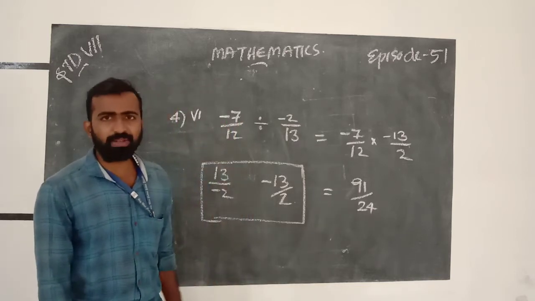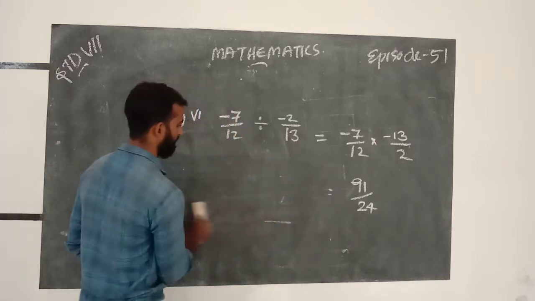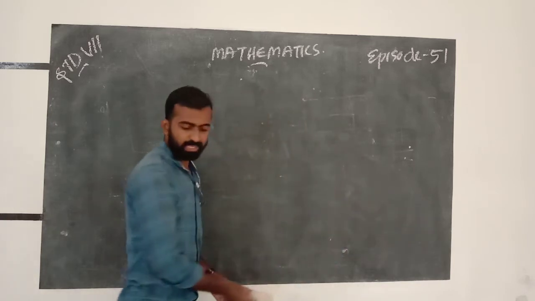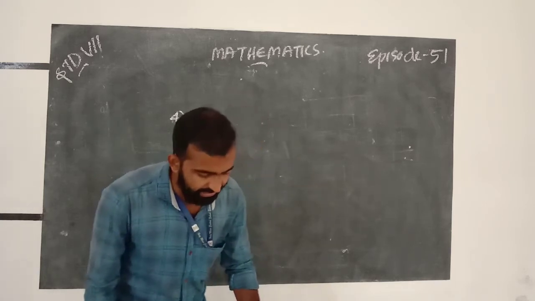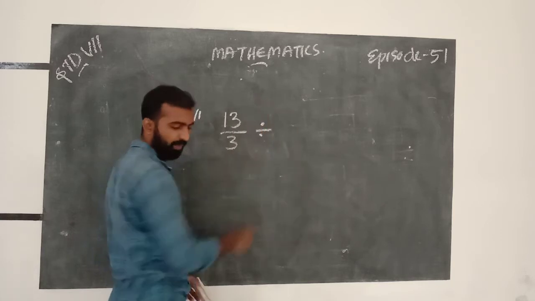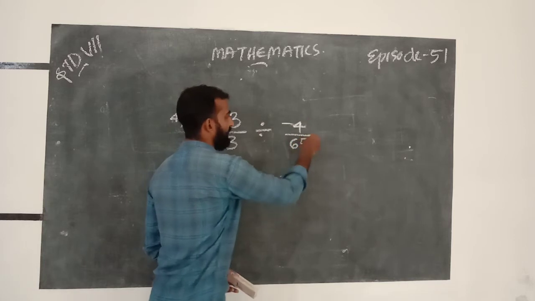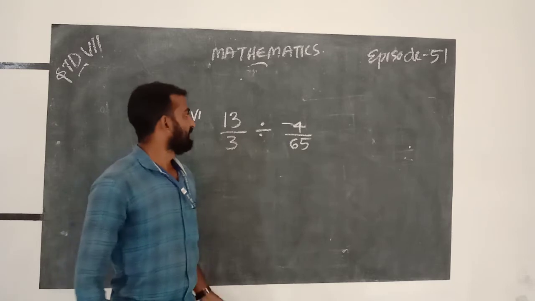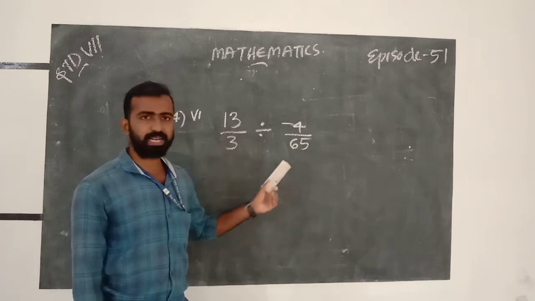And next, what is our seventh question? Seventh question is 3 by 13 divided by negative 4 by 65. Same process as in the previous question takes place here.